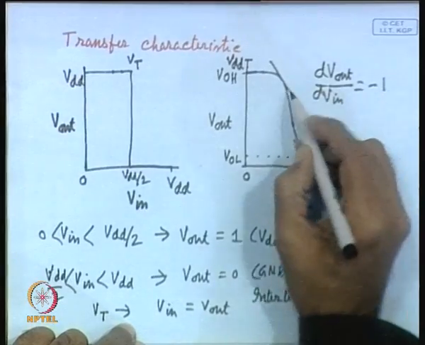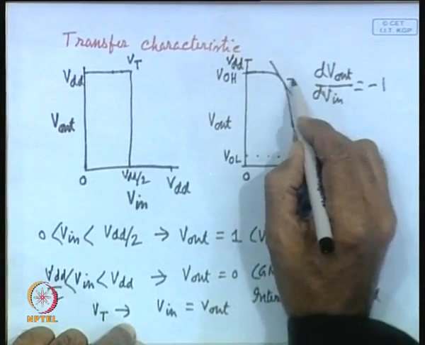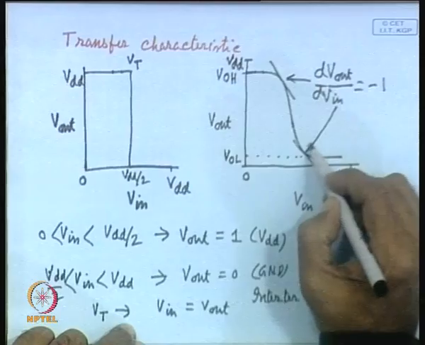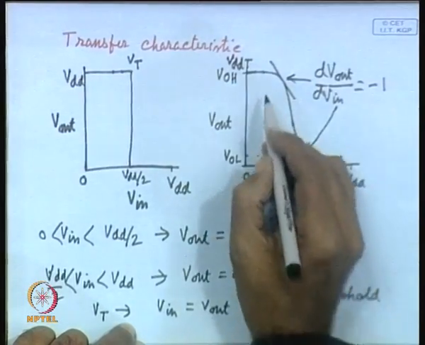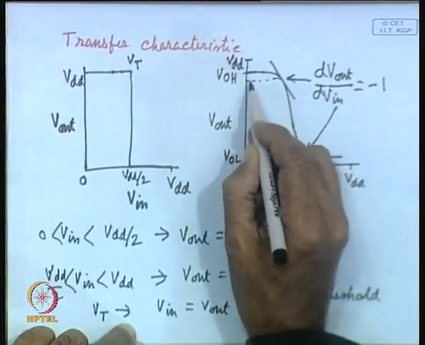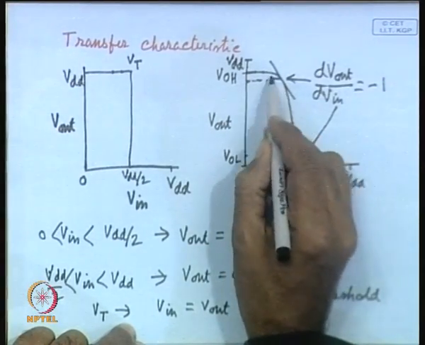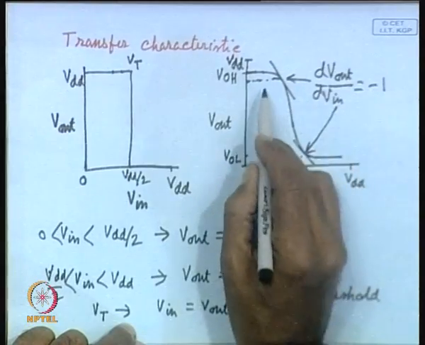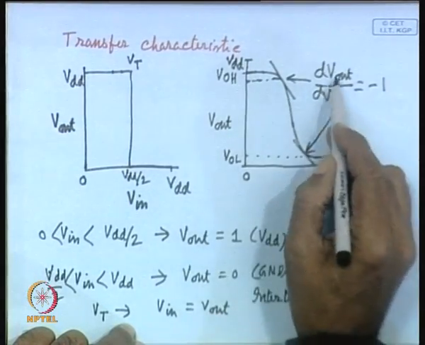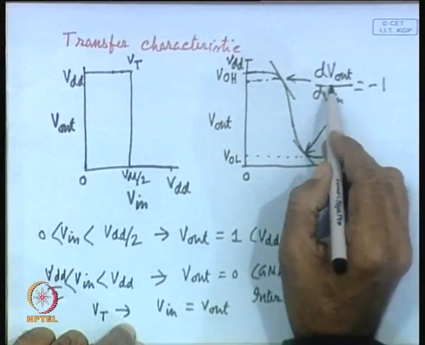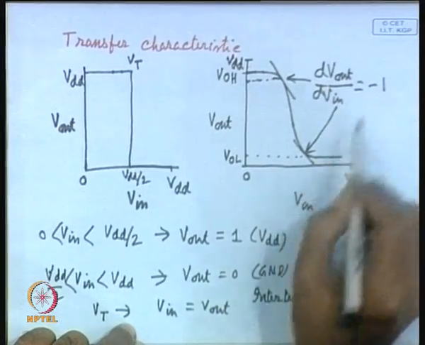So, where the slope is -1, this point represents that. And actually this VOH is represented by this point, where the transition is taking place from 1 to 0, and it is defined by this line, where dV out by dV in is equal to -1.